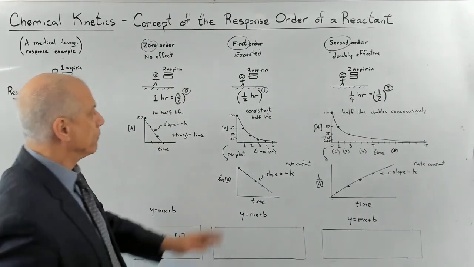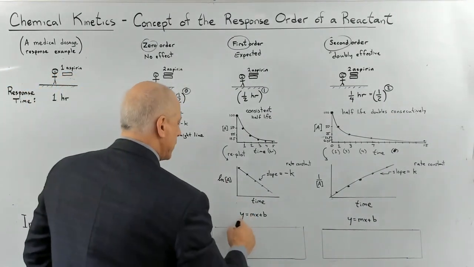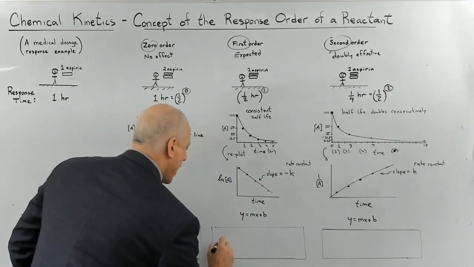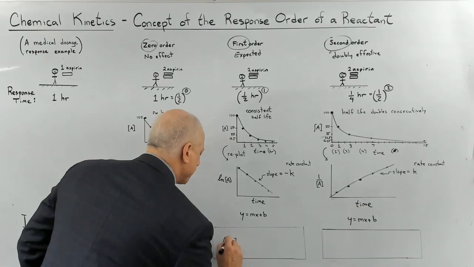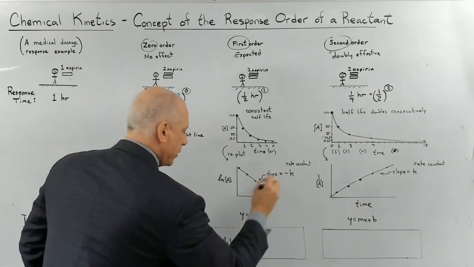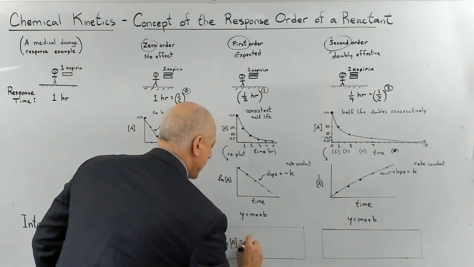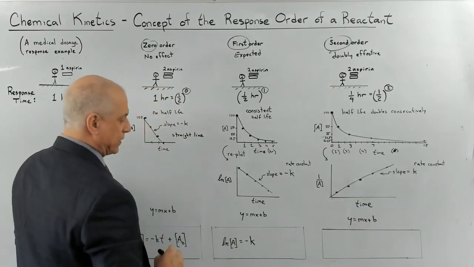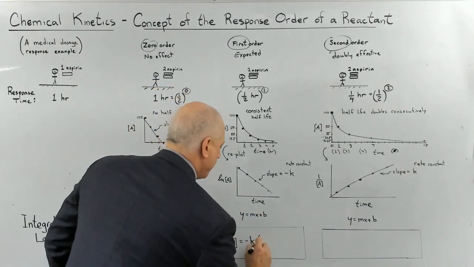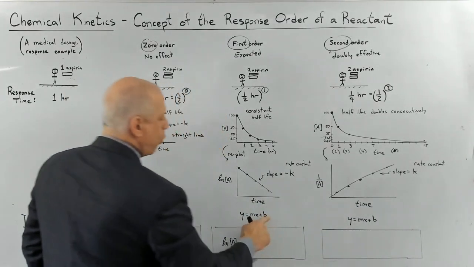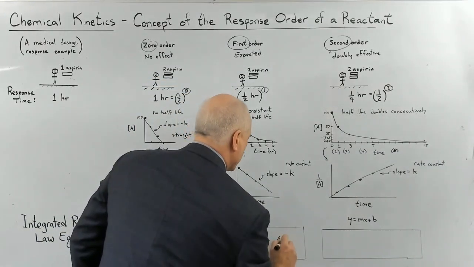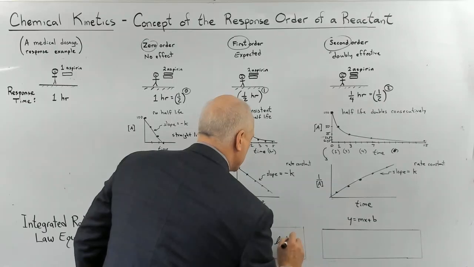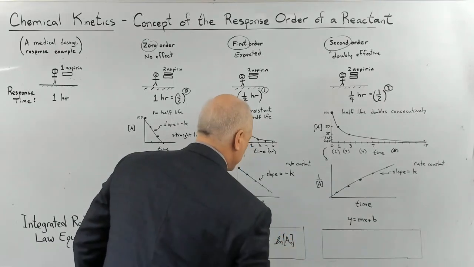For a first order response, y equals mx plus b, where y is the natural log of A. The slope, again, is the rate constant, and it's a negative slope here, so negative k times time plus the y-intercept, and the y-intercept is going to be the natural log of the original concentration of the aspirin or the reactant.